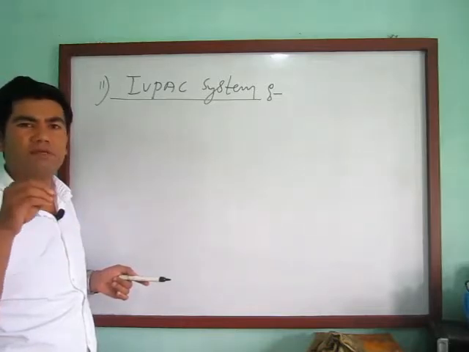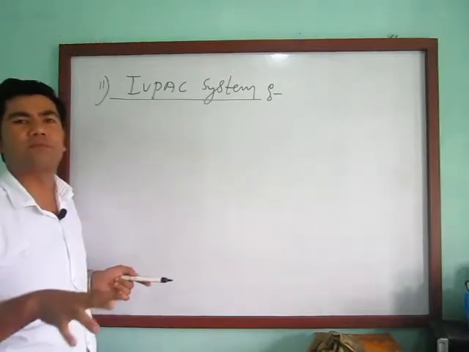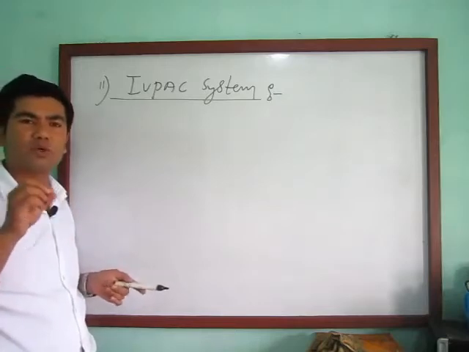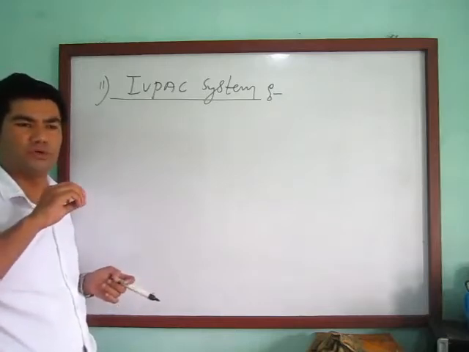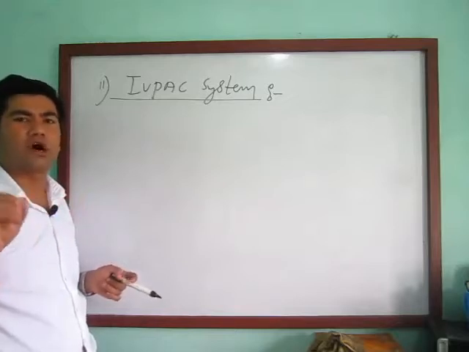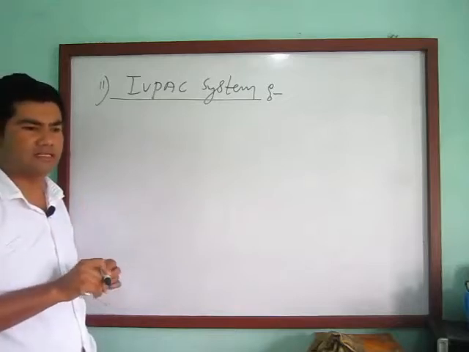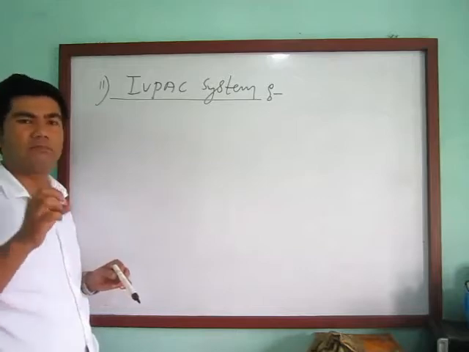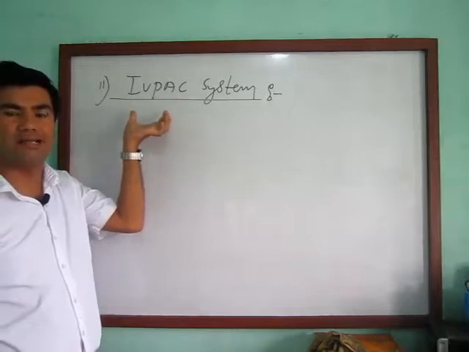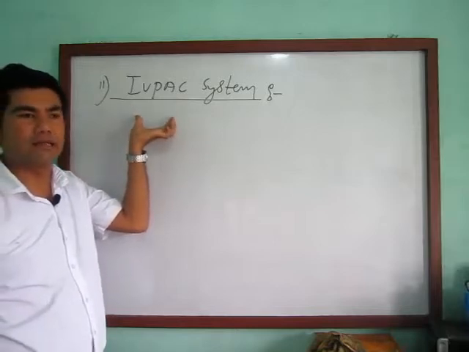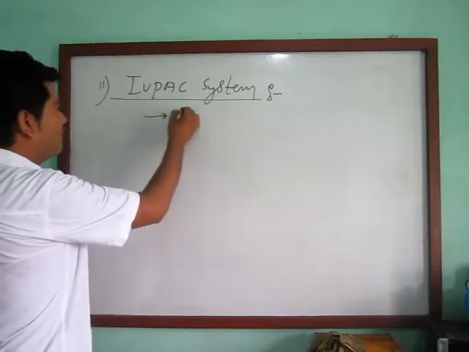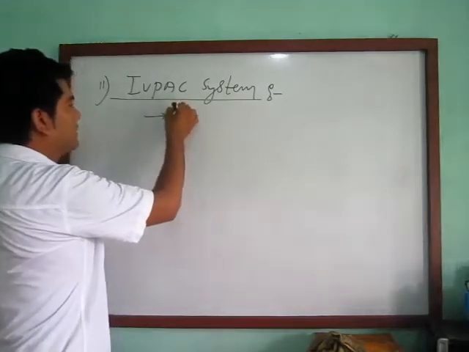So there should be a proper name for each organic compound, and one systematic set of rules to name them, and those systematic rules were given by the IUPAC system, enacted in 1957.